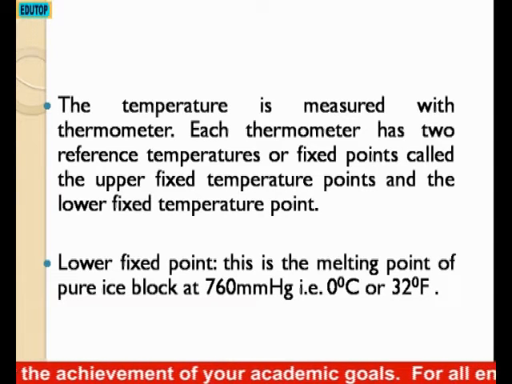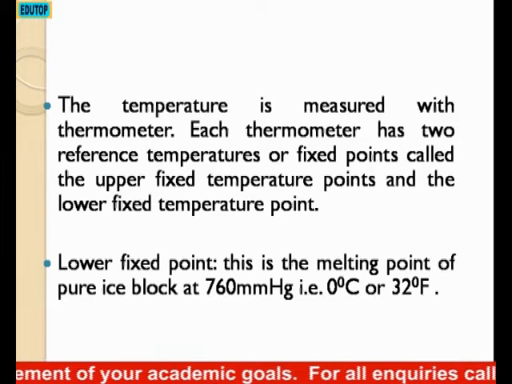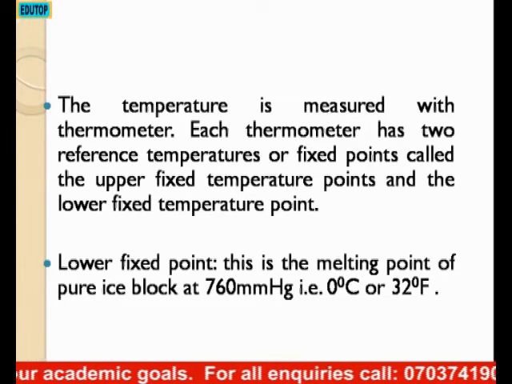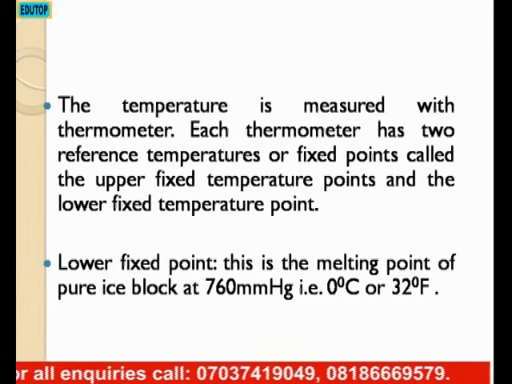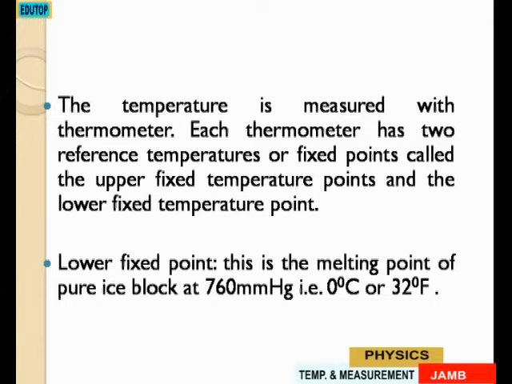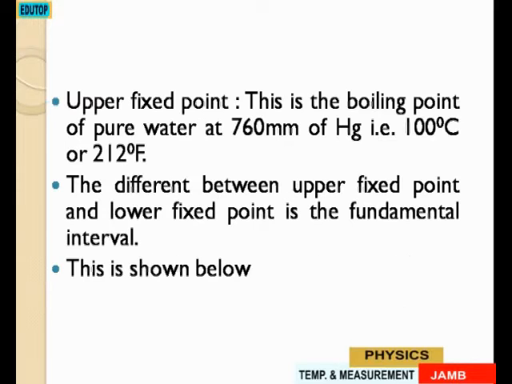So this is the melting point of pure ice at 760 millimeters of mercury, at 0 degrees Celsius, or in Fahrenheit, it will be 32 degrees Fahrenheit. And that's all about the lower fixed point. The upper fixed point is the boiling point of pure water at 760 millimeters of mercury.